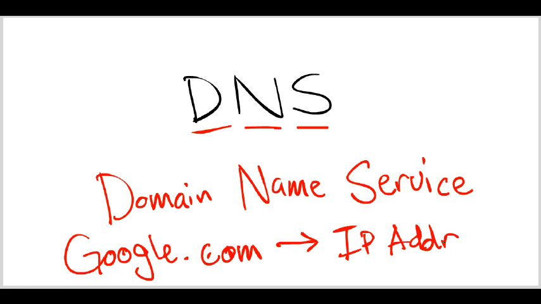DNS was invented in 1983 at the University of Irvine, and what it serves to do is give you easy to remember names like Google.com, and tie them to IP addresses, which are sequences of numbers from 0 to 255, and there's 4 sets of them. So a typical IP address might be 120.140.12.98.